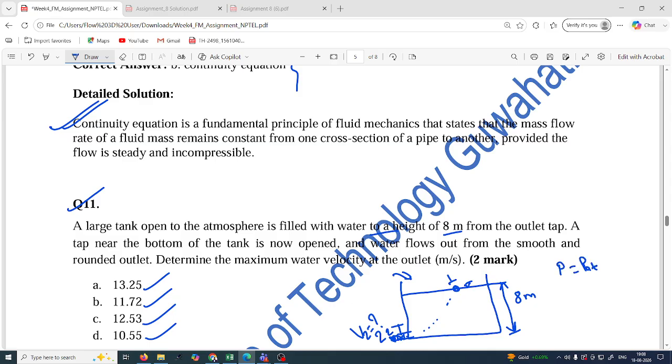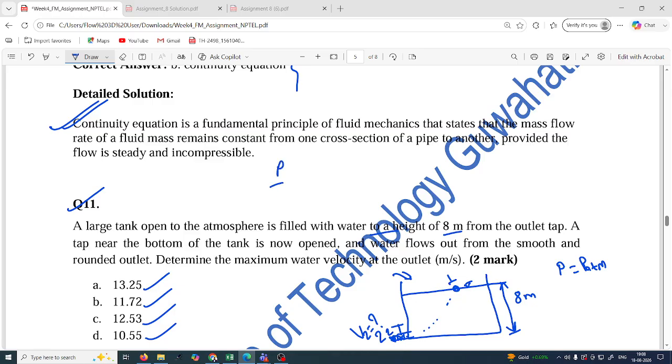atmospheric. As per Bernoulli, the energy at point 1 will equal the energy at point 2, the constant total energy.